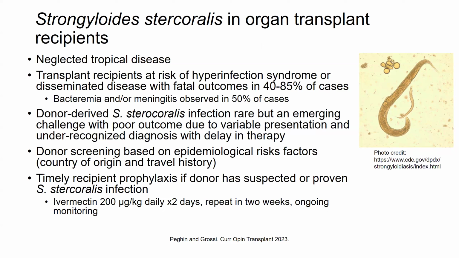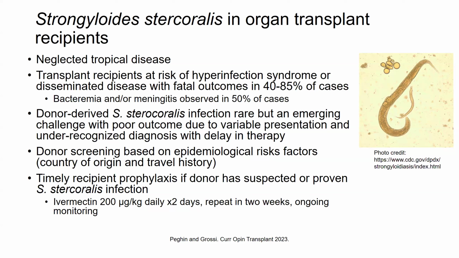Recipients are at risk of hyperinfectious syndrome or disseminated disease, with fatal outcomes as high as 85%. Bacteremia and/or meningitis have also been observed in 50% of the cases. Now, donor-derived infection here is rare, but it's an emerging challenge because of the poor outcome. It's been linked to the fact that presentation might be variable, and the diagnosis might be under-recognized, resulting in a delay in treatment.